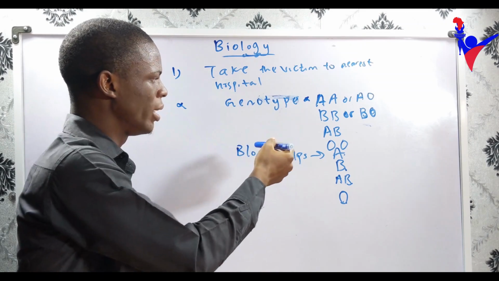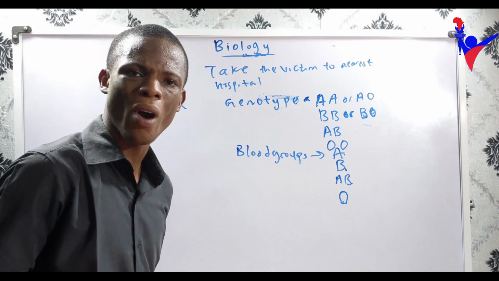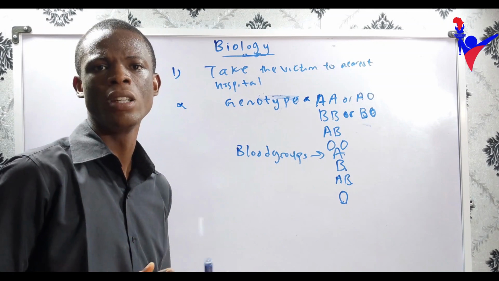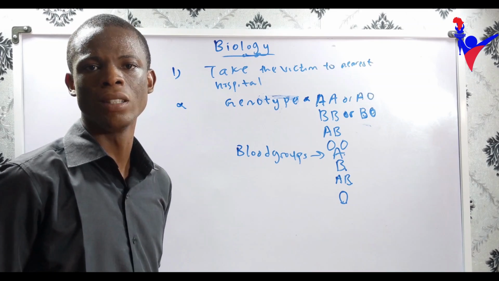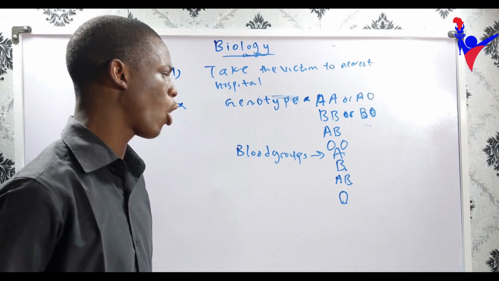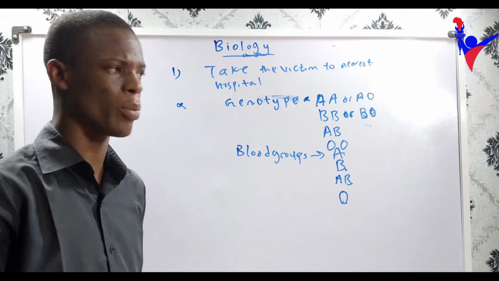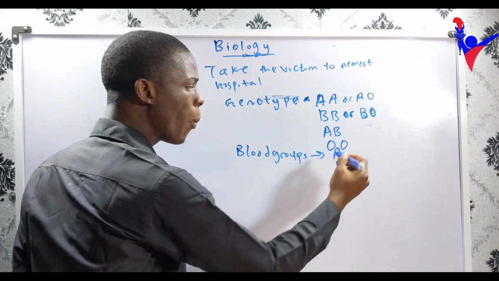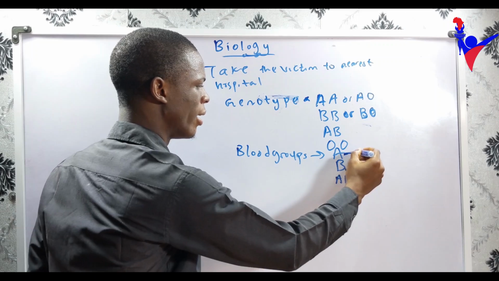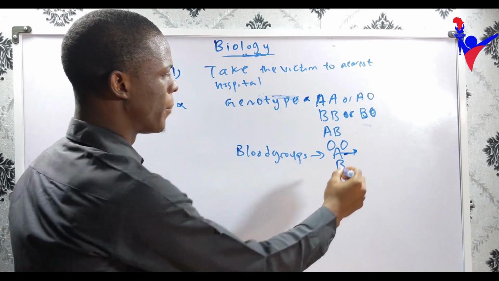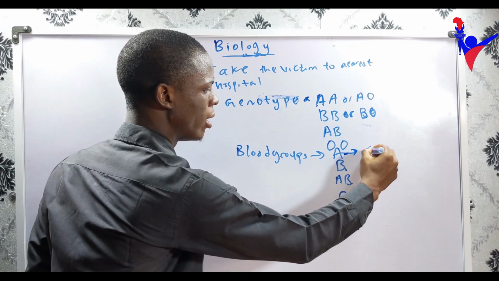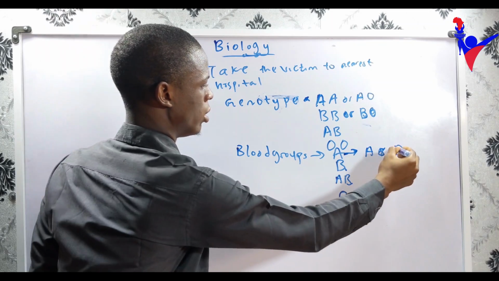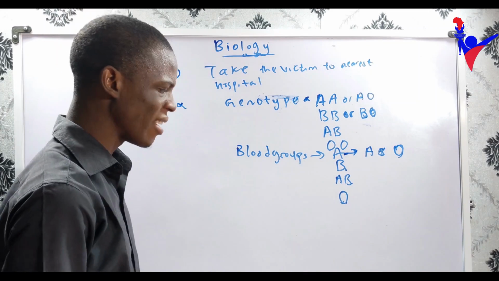This is necessary to avoid agglutination. Agglutination is the clumping of contrasting antigens and antibodies. So agglutination occurs when we have contrasting antibodies and antigens together. For example, a person with blood group A can only receive blood from blood group A and O. Why is it possible?